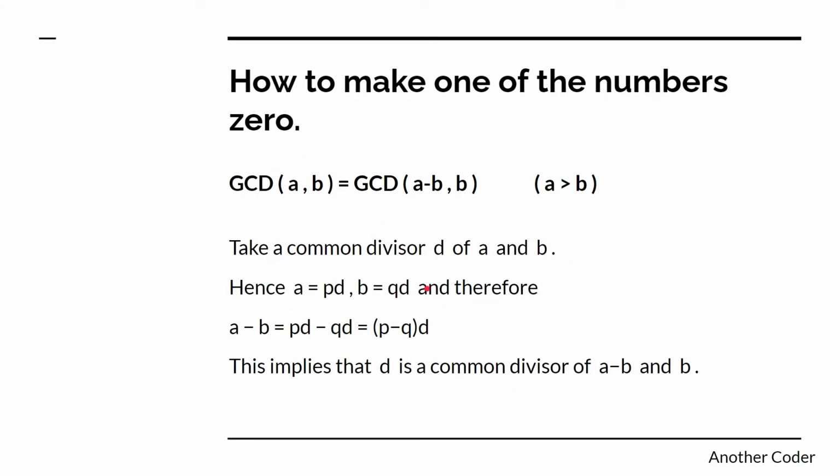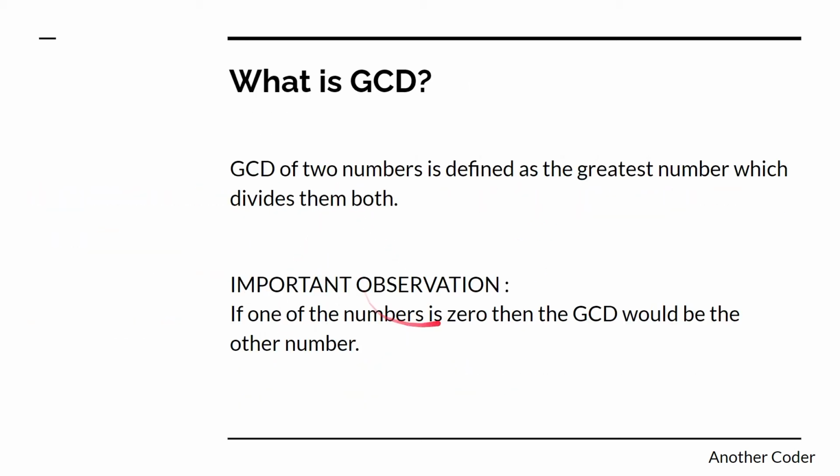So now we'll make our approach a little better by using this particular observation that we made in the first slide, that if one of those numbers is 0, then the GCD would be the other number itself. So what we can do to find the GCD of two numbers a and b is that we can make one of those two numbers 0, right?